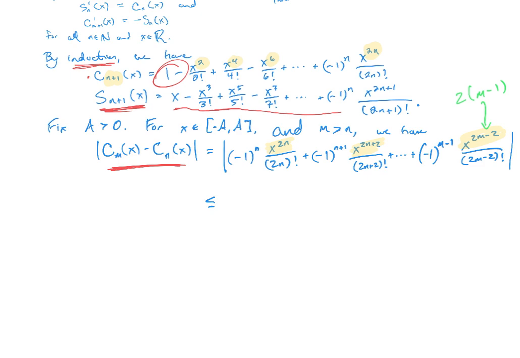Let me write it out this way. Okay, we're going to pull out an x to the 2n. But actually that comes with an absolute value, but the absolute value will move in to take the absolute value of x. And now we're going to be left with some stuff in here.